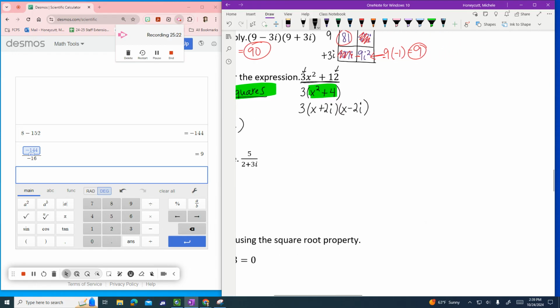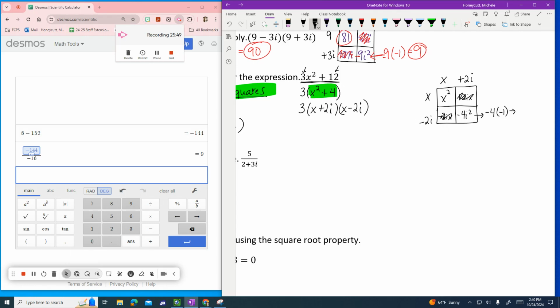And here's why. If I multiply x plus 2i and x minus 2i, I'll get x squared plus 2ix minus 2ix minus 4i squared. These two cancel out. i squared is negative 1.